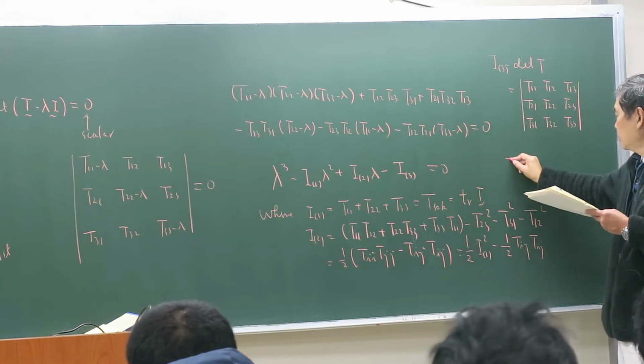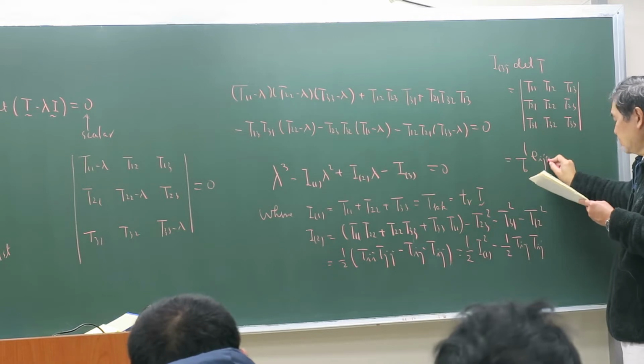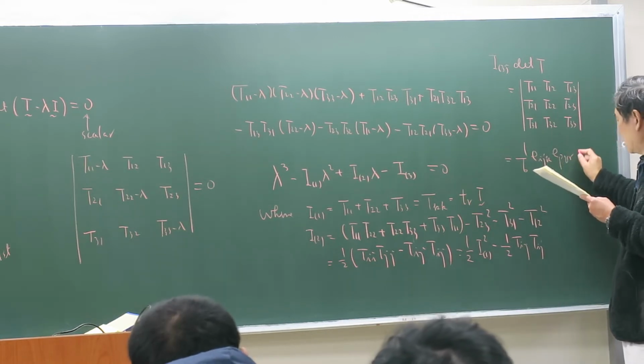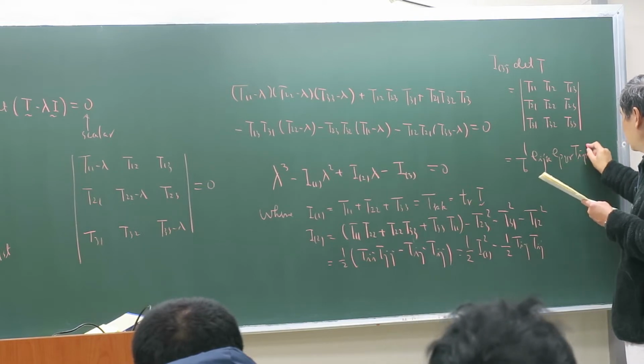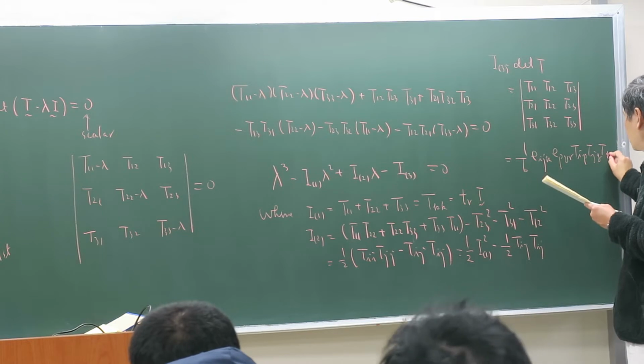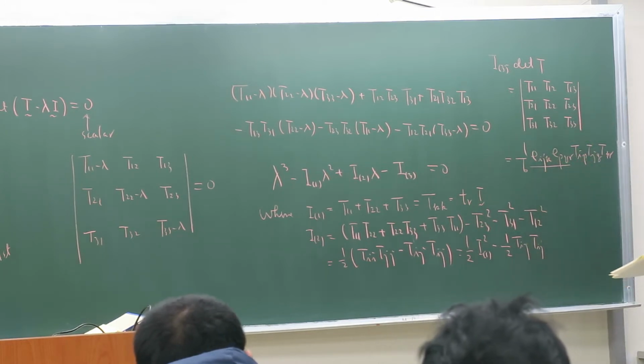And it's also equal to 1/6 e_ijk e_pqr T_ip T_jq T_kr, okay? You can try to check this notation, okay?